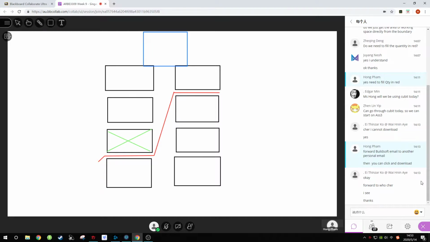So what is a weep hole? Basically, let's say I'm going to draw this brick out in face. Let's say this is a brick.